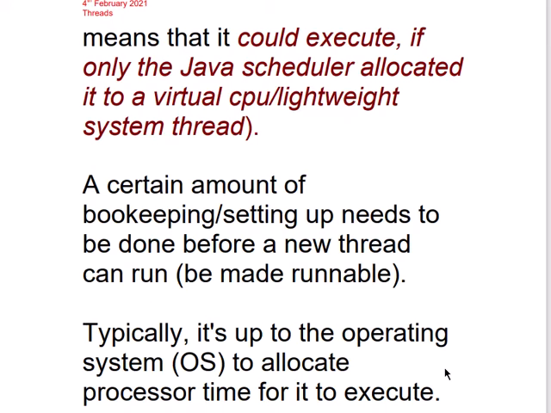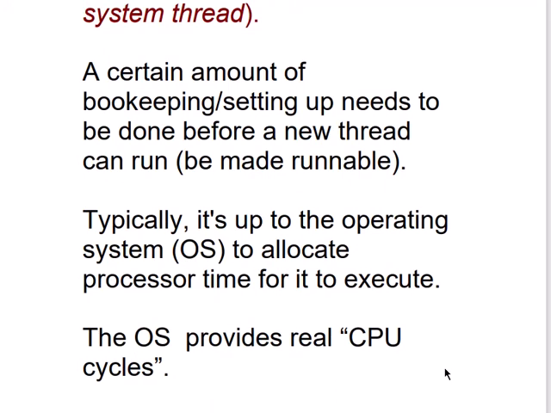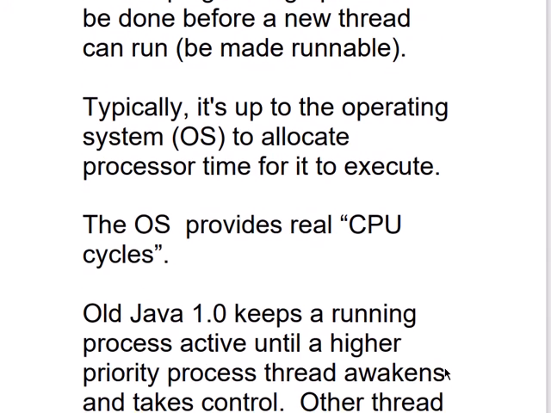A certain amount of bookkeeping or setting up needs to be done before a new thread can run, i.e. be made runnable. And typically it's up to the operating system to allocate processor time for it to execute.